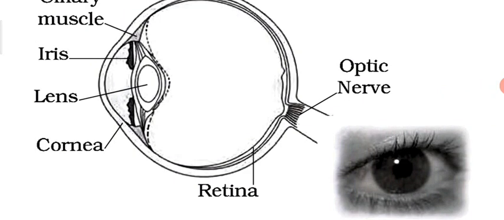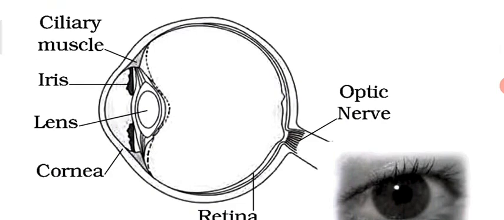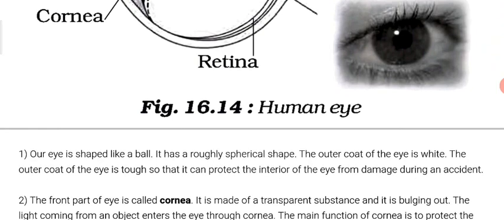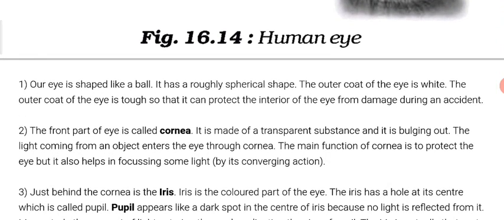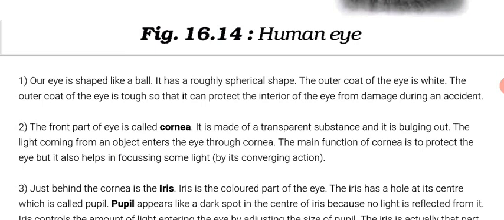This is the cross sectional view of the eye. It means from the eyeball we had just cut it and tried to show the things from the inside of the eye. Okay, now let us discuss in detail about the eye.